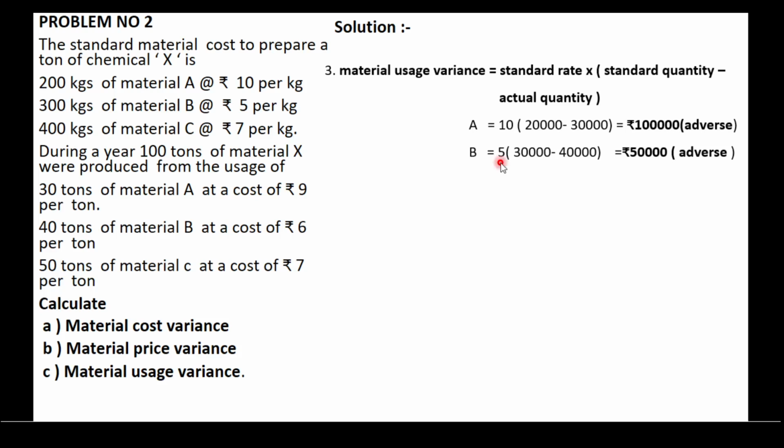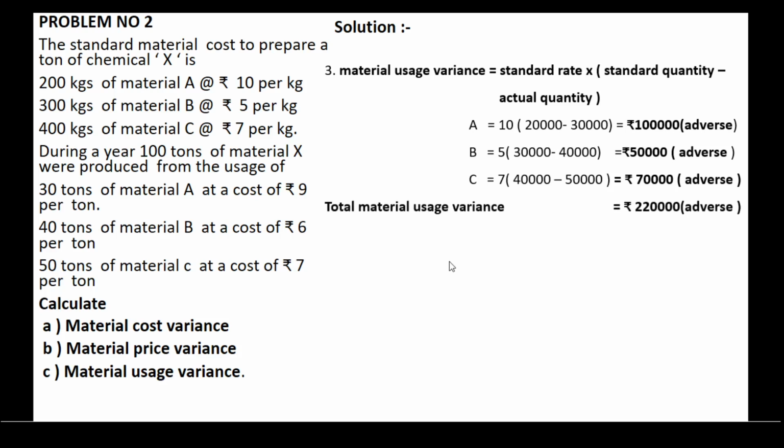So now 5 into 30,000 minus 40,000. So 30,000 minus 40,000, there is a minus 10,000. So 5 into minus 10,000. So it is minus 50,000. So it is called adverse. Rupees 50,000 adverse. And the next, for the material C.